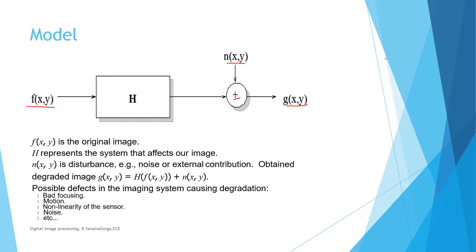What parameters have affected this image, we have to estimate. Once we can do the estimation, we can go for the restoration process. We can apply the reverse process and get back the original image, so that the color of the dress will be reddish again.